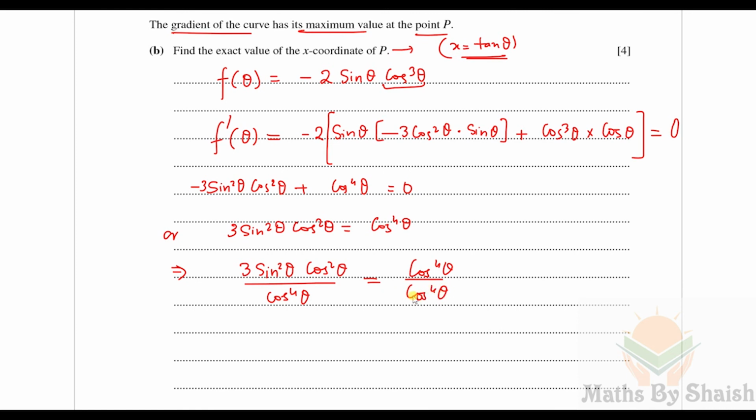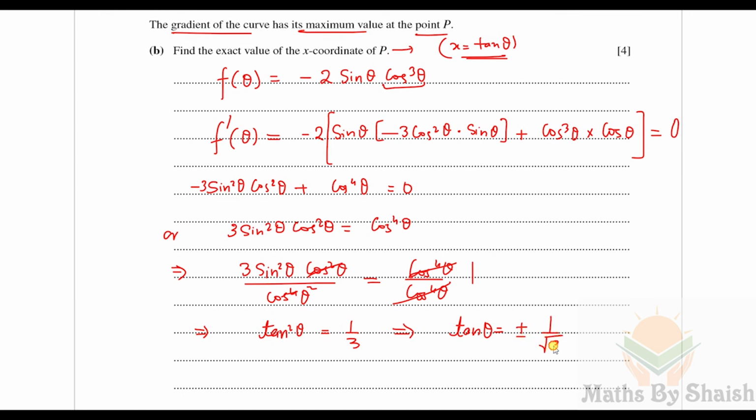These cancel to 1, and the powers cancel, so we are left with sin square theta upon cos square theta, which is tan square theta, equal to 1 over 3, or from here we can say tan theta is going to be plus or minus 1 over root 3.